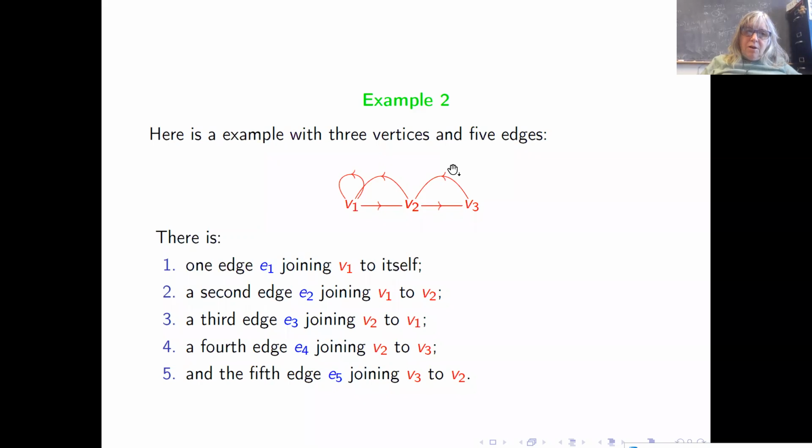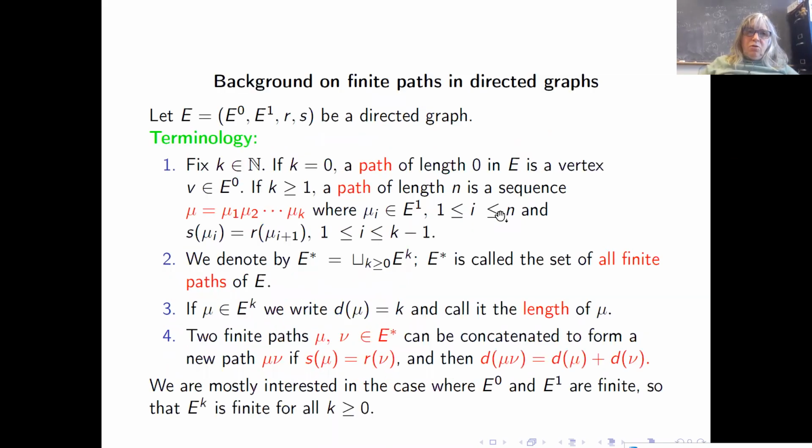And e5 joins v3 to v2. So my two examples, we'll come back to them often. Let's just get some little bit of, I see a chat question. Yes, it is me. Hi, Gusta.